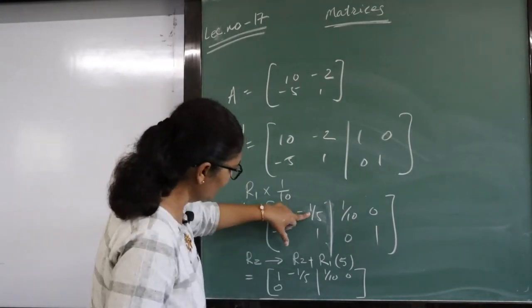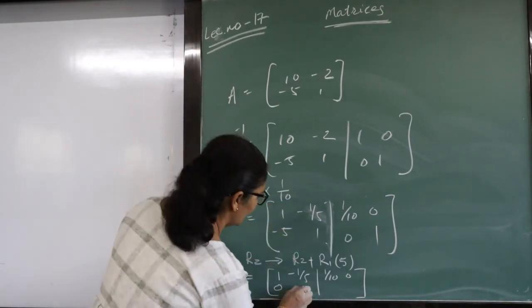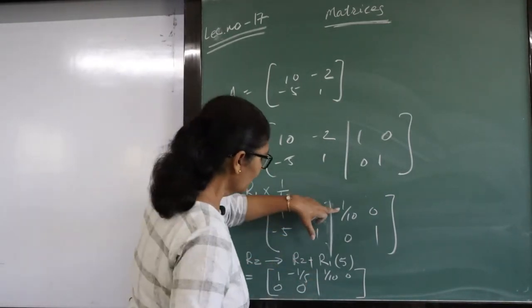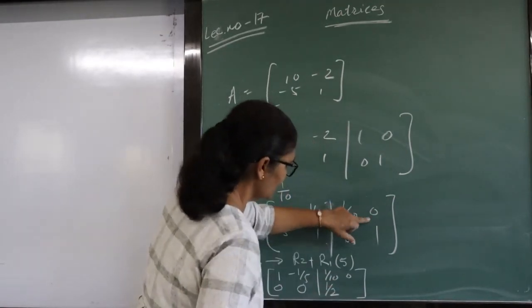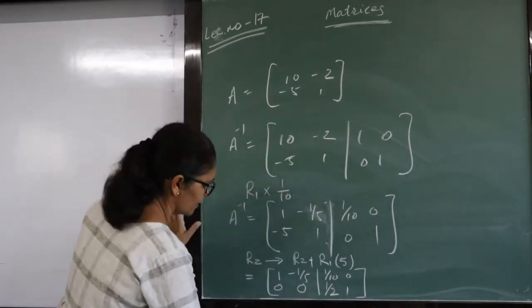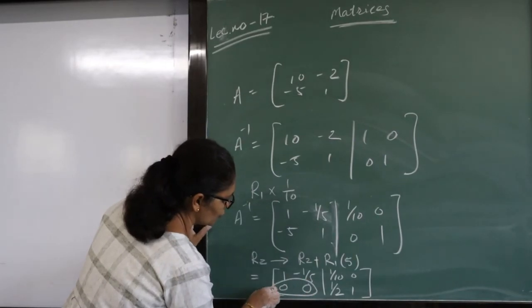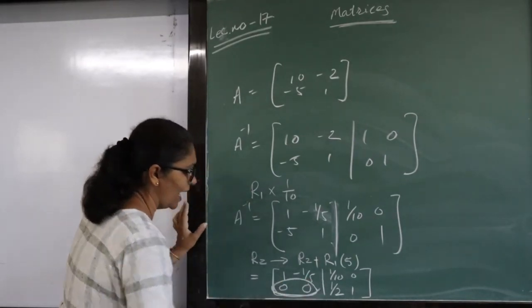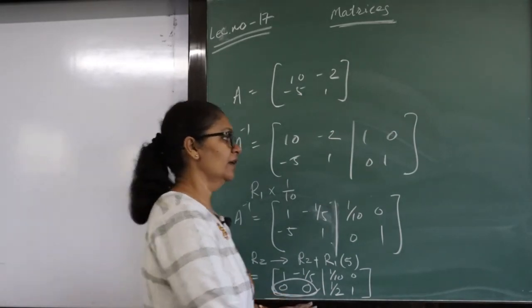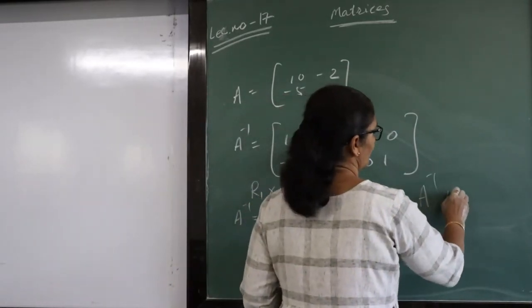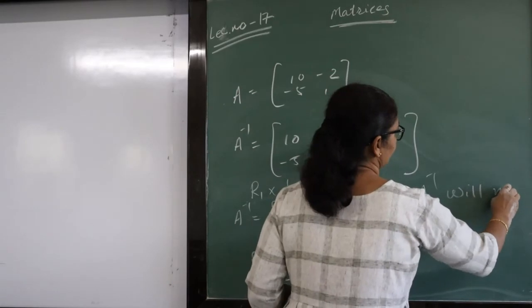If I multiply here with 5, then minus 1 added here gives 0. If we multiply this by 5 and add here, it means half. And if I multiply this, it will be the same. But check, here we are getting both 0. So if you get any row with 0 0 terms for both parts, the inverse will not exist.